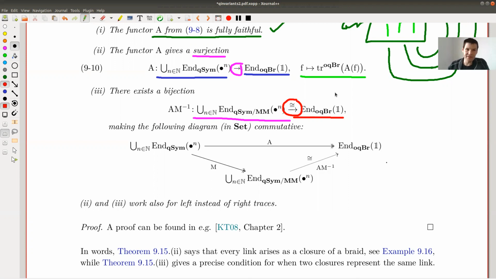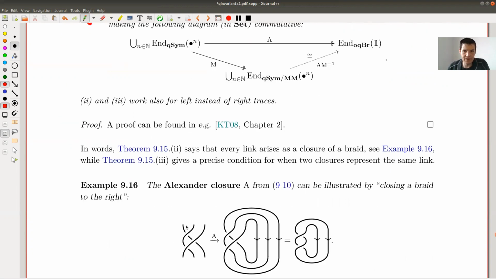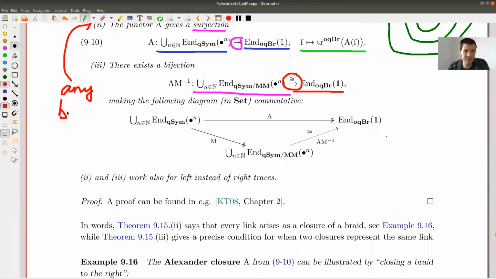And this just means, in words, any element appears, any braid appears in the language that I will show you in a second.